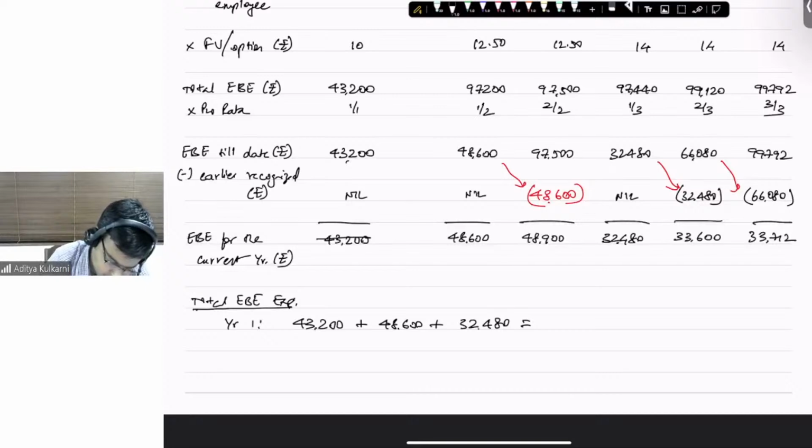These ones, 1, 2, 3. So that comes to 124,280.